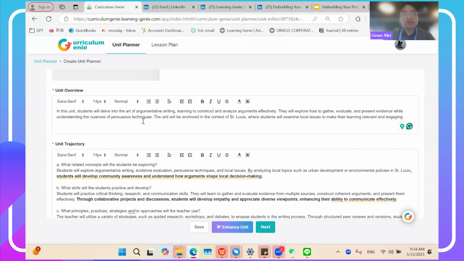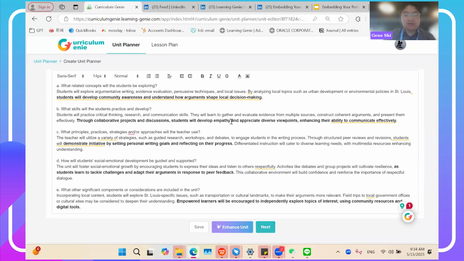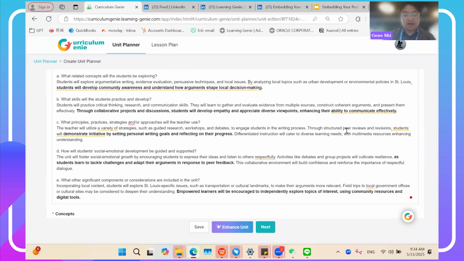In this unit, students will delve into the art of argument writing, learning to construct and analyze arguments effectively. They will explore how to gather, evaluate, and present evidence while understanding the nuance of persuasion technique. This will be localized in St. Louis. But here, we do intentionally weave that into the Portrait of Graduate, like how they communicate.